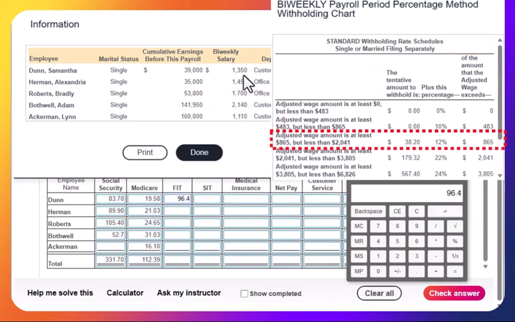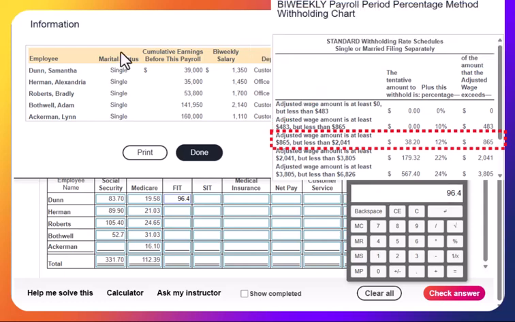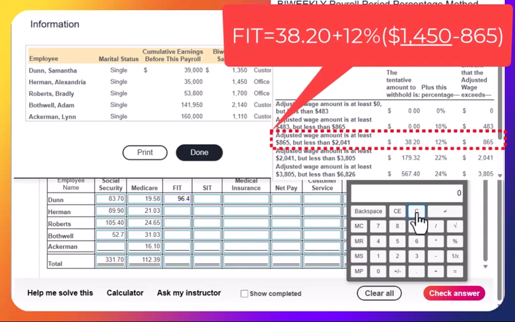And notice also for these next two employees and this last employee that they also will fall in that same tax bracket. So we can go ahead and use the same formula here and take the $865 away, multiply it by 12%, and then add the $38.20. So let's go ahead and continue and move on to Herman here. So Herman makes $1450. And we're going to subtract out the $865 per our table.